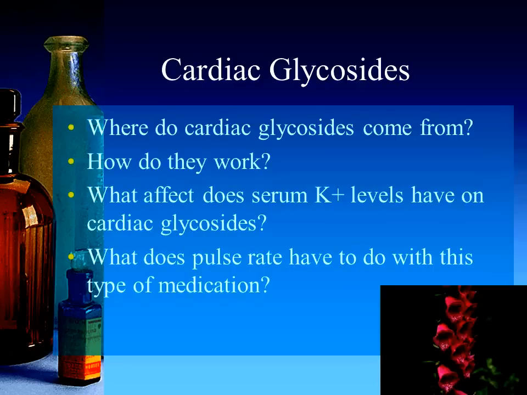Now, the next question is, there are some things that we do have to watch with cardiac glycosides, and that would be serum potassium levels. Serum potassium levels have to be watched closely when someone is on a cardiac glycoside.